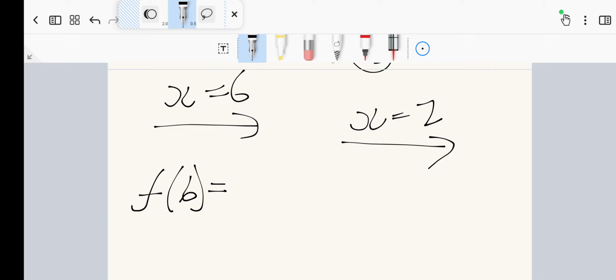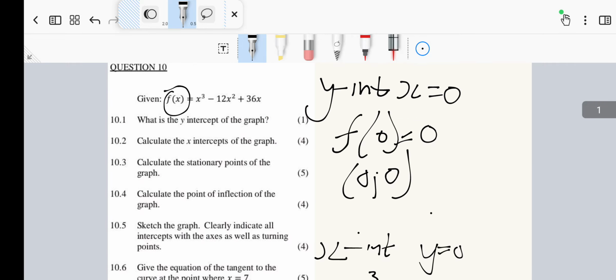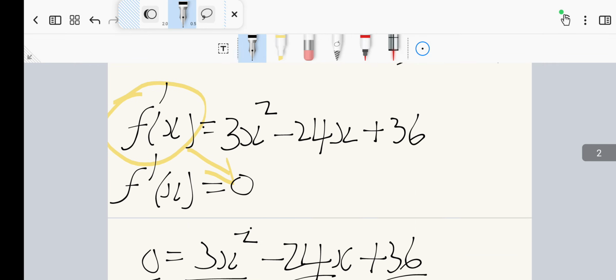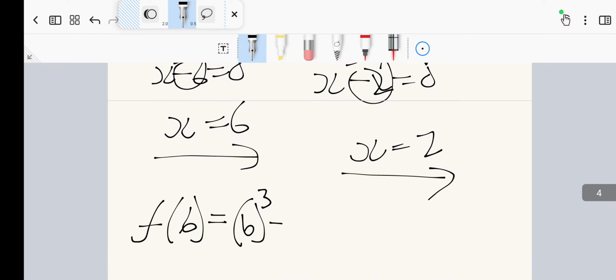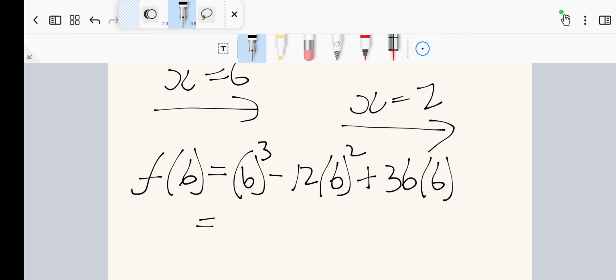Okay, so we had x cubed minus, well, was it minus? Let's go double check there. What was our function? It was minus 12x squared, and then we had a plus 36x. Right, so all of this, let's put this into the calculator.